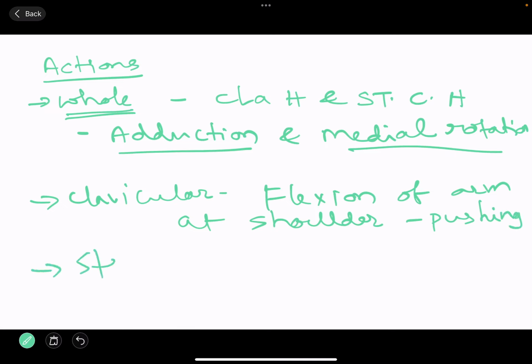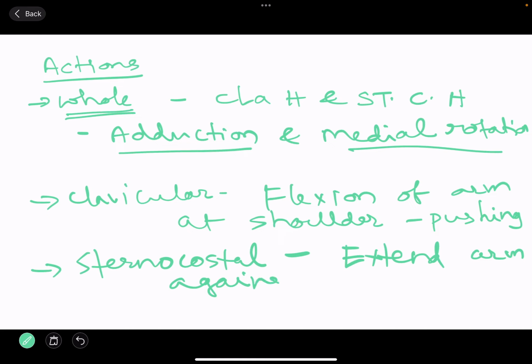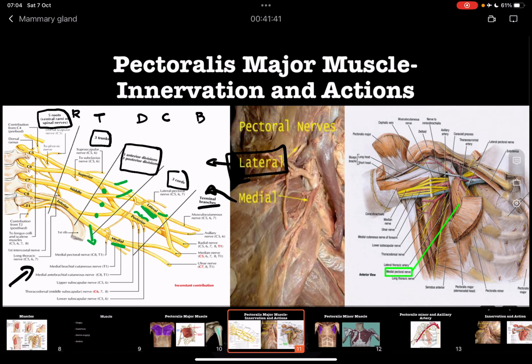Whereas the sternocostal fibers will be contracting when you are trying to extend your arm against resistance, as in climbing, when you are climbing up a rope. You can imagine yourself pushing your body upwards as you climb up a rope. So these are the actions of the pectoralis major muscle.